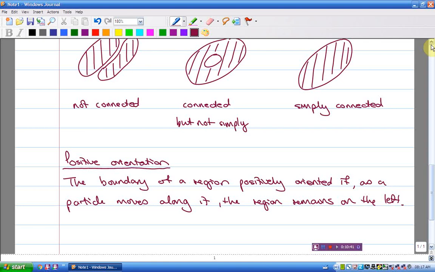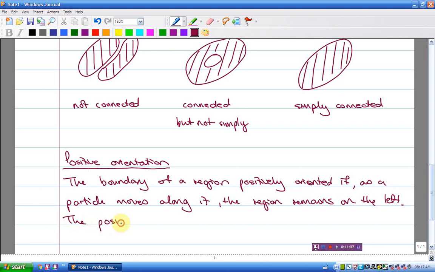But seeing as most boundaries are in fact outside boundaries rather than inside boundaries, positive orientation and anti-clockwise are usually the same. But positively oriented is the fundamental definition there, and it means keeping the region on the left. So now I'm just writing essentially what I've just said verbally.